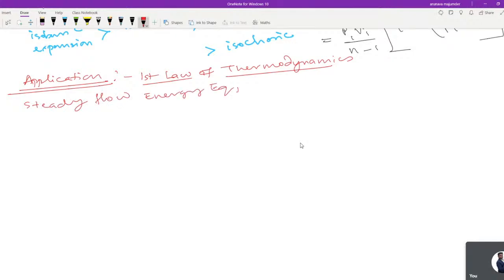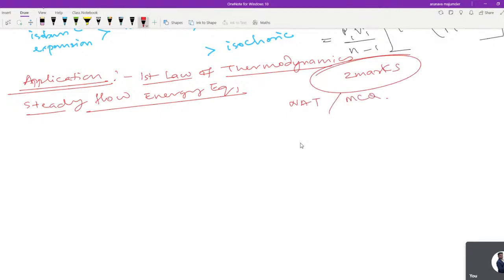If you revise the last 12 years' question papers, you will get at least one question of 2 marks from this topic, definitely, either NAT type or MCQ type. NAT means numerical answer type, which has no negative marking. You have to fill in according to the decimal place. So they have some basic standard formula.